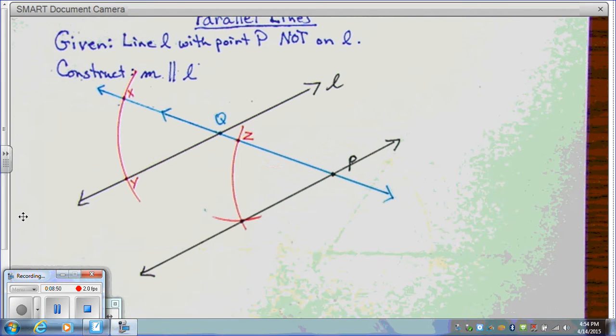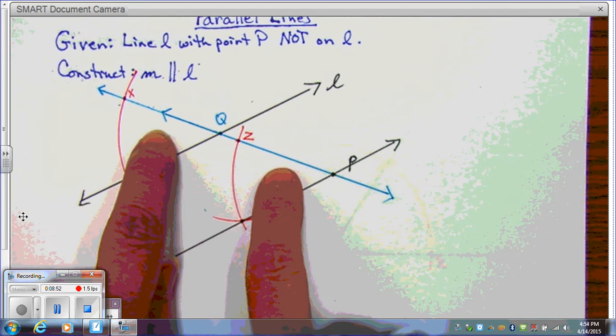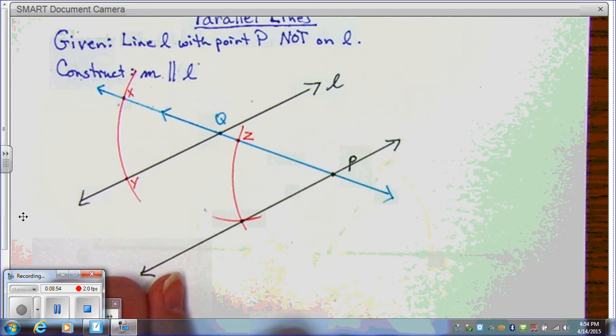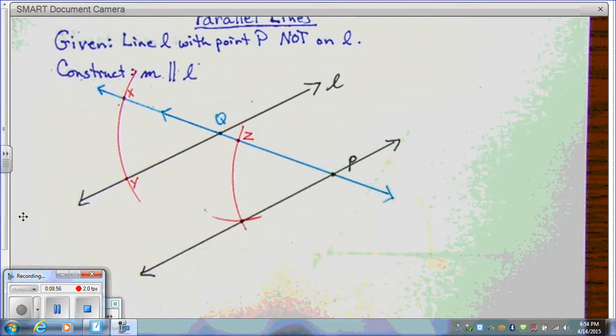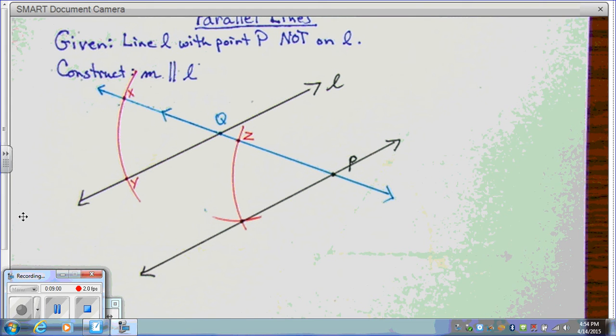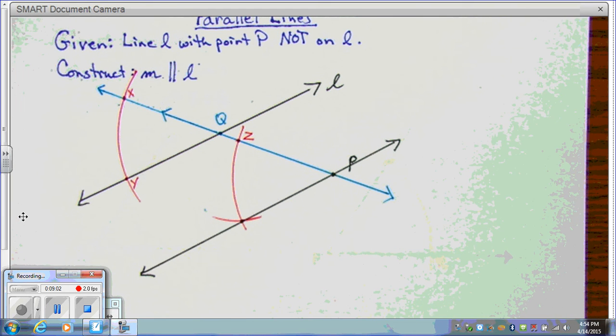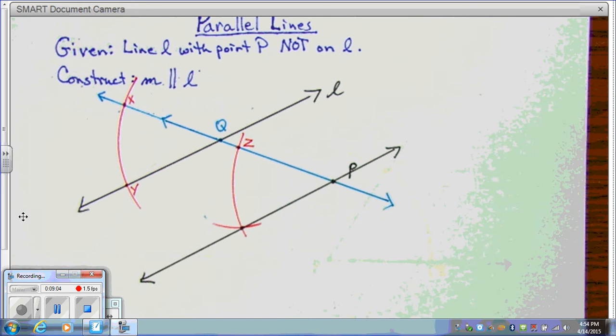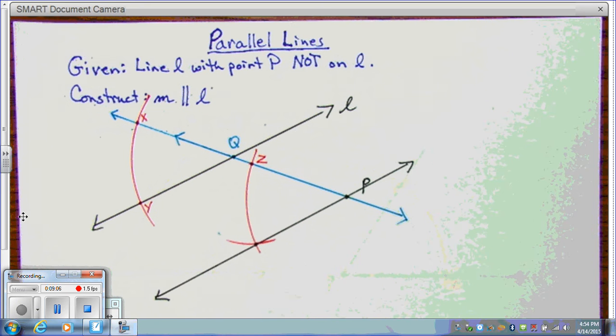Okay, does everybody see these two corresponding angles here? We constructed congruent. If the corresponding angles are congruent, then the lines are parallel. That is our theorem that guarantees that this construction was complete and correct. Okay? Very good.